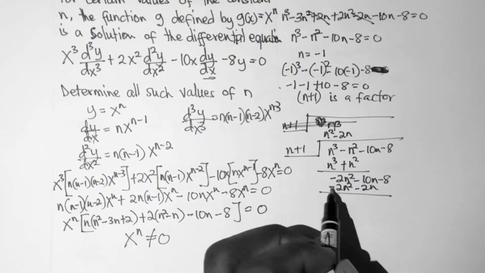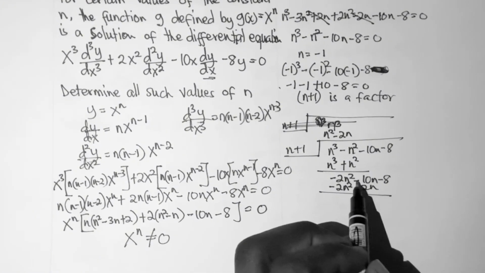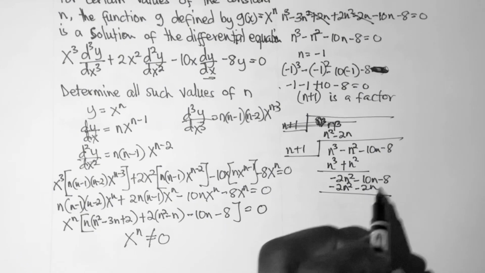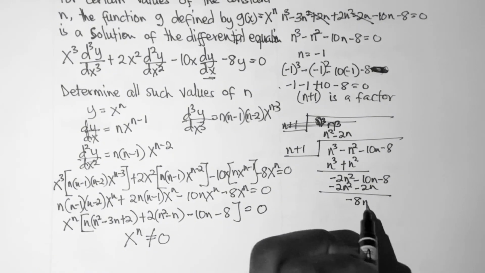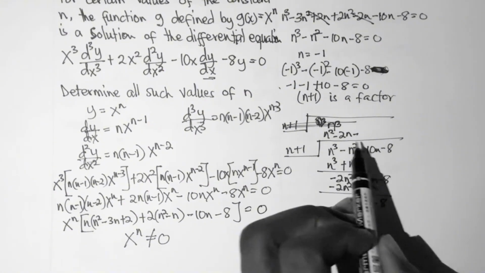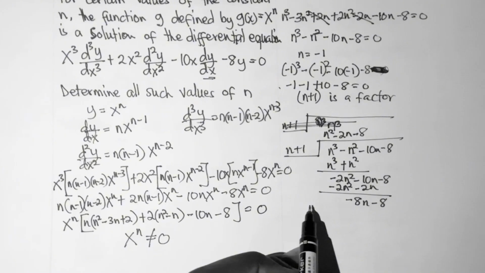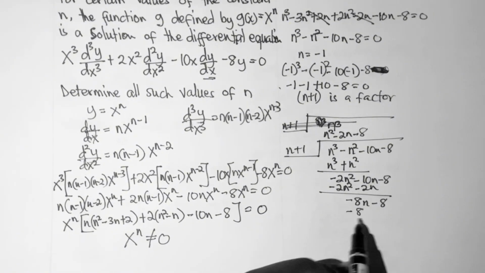Now minus 2n squared minus minus 2n squared is 0. Then here minus 10n minus minus 2n is the same as minus 10n plus 2n. And that will give us minus 8n minus 8. So we put minus 8 here. So that minus 8 times n becomes minus 8n.